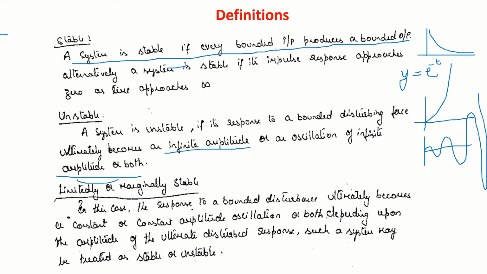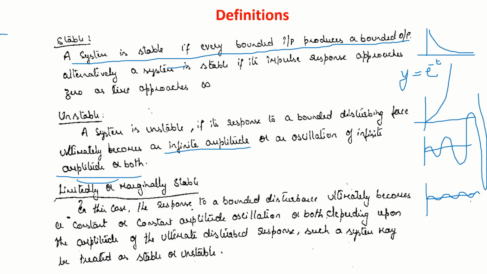Limitedly or marginally stable: the response to a bounded disturbance ultimately becomes a constant, or a constant amplitude oscillation, or both, depending on the amplitude of the ultimate disturbed response. Such a system may be treated as stable or unstable. As I said, it may start oscillating with constant amplitude. It will not stop, but the amplitude stays.